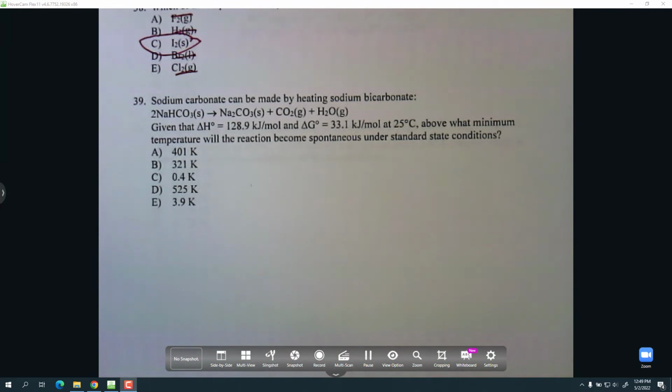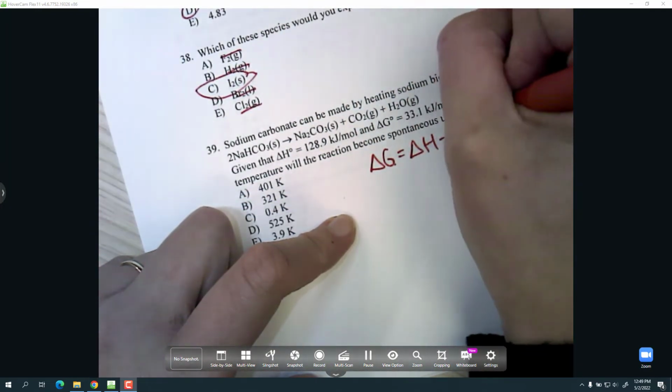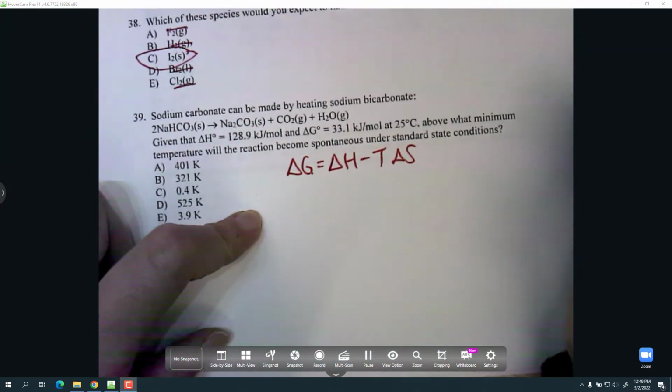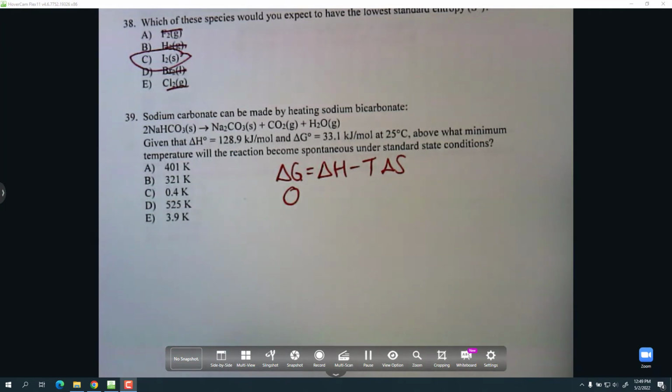All right. I've got a delta H, I've got a delta G. What minimum temperature will the reaction become spontaneous under standard conditions? Remember to find where it switches spontaneity. I want to set delta G equal to 0, and then I want to solve for temperature.